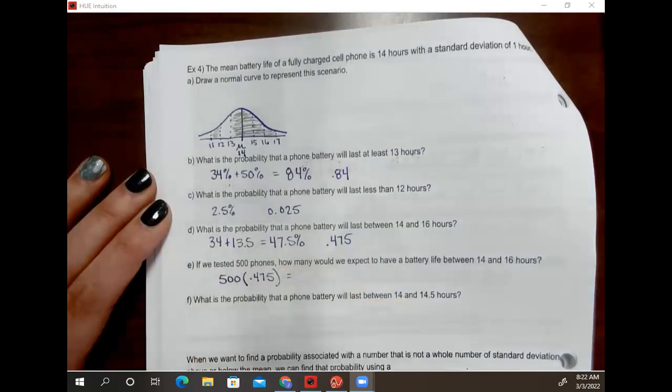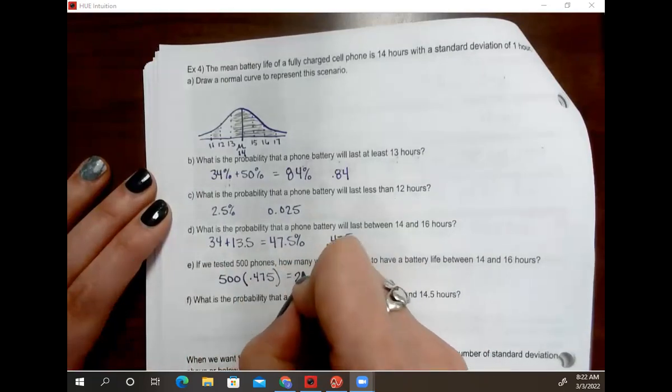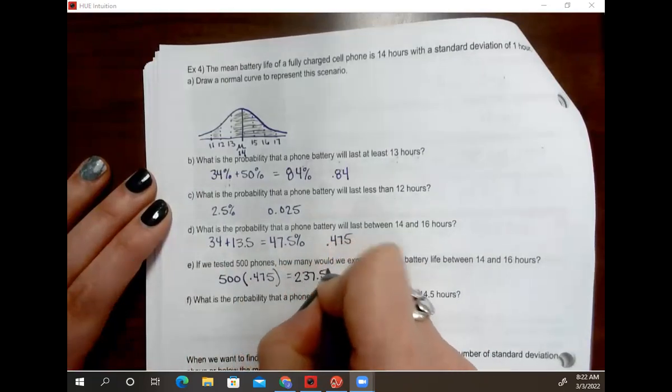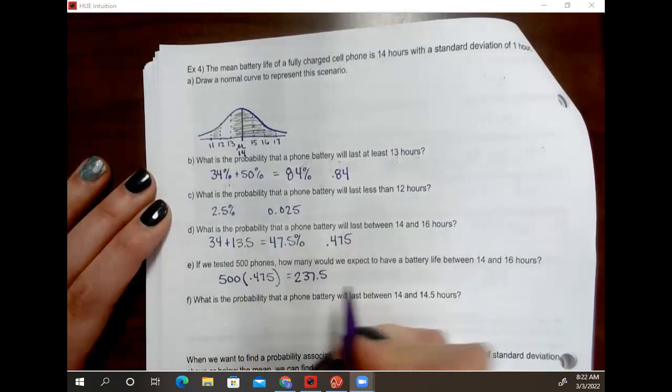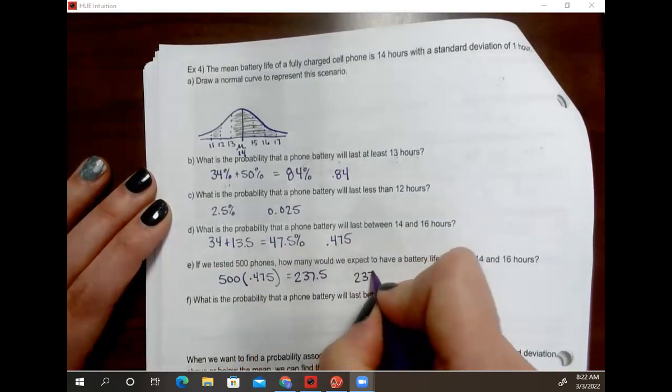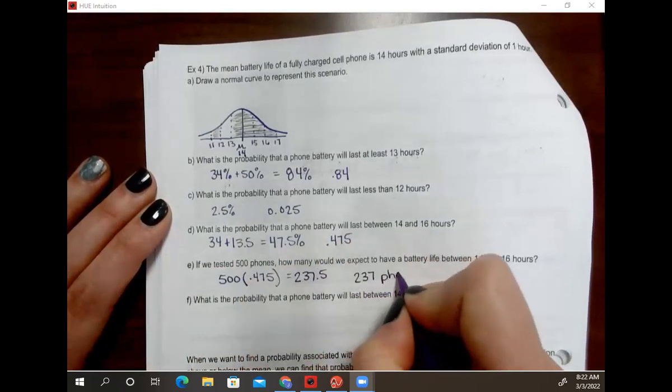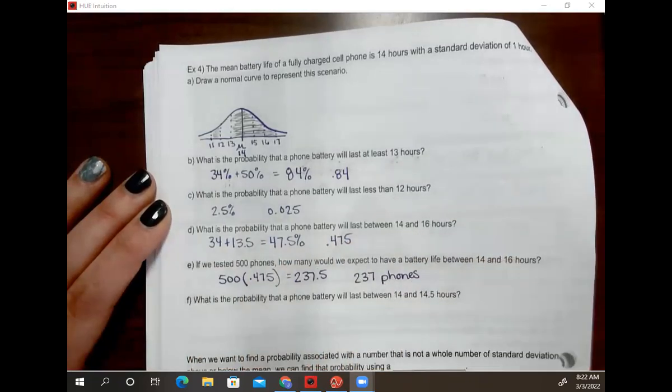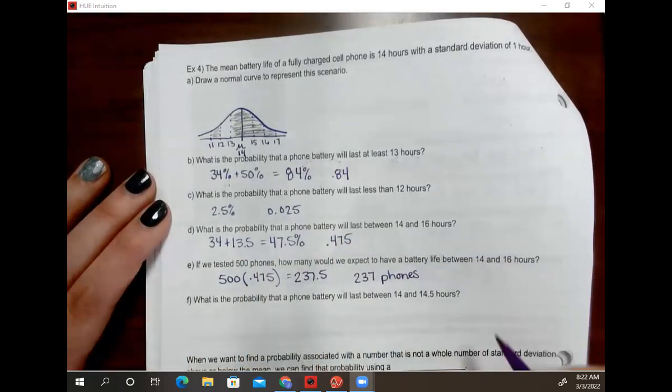That's how many I would expect to be there. So this gives me 237.5 phones. Since that last phone didn't make it all the way there, I'm going to say this is 237 phones. Okay. If I test 500 phones, I would expect about 237 of them to have a battery life between 14 and 16 hours.